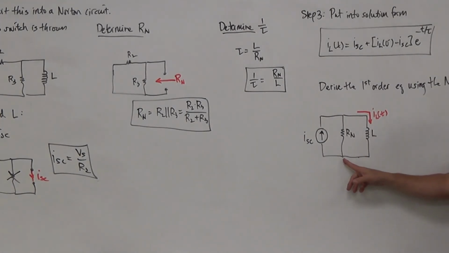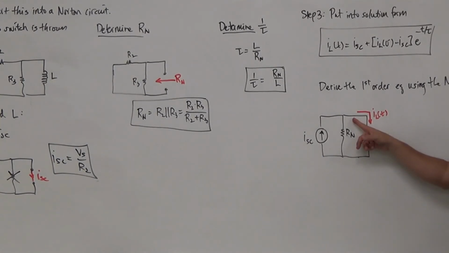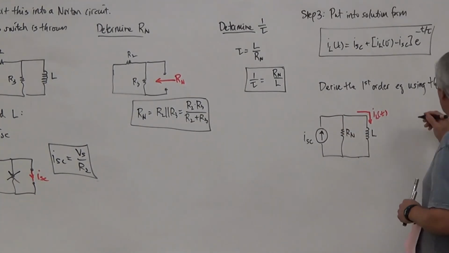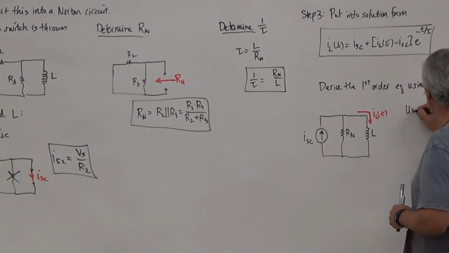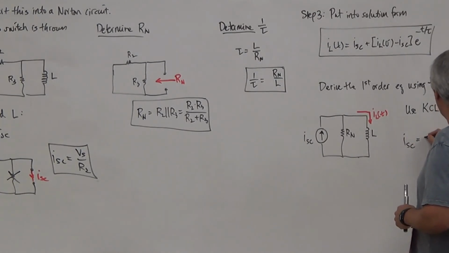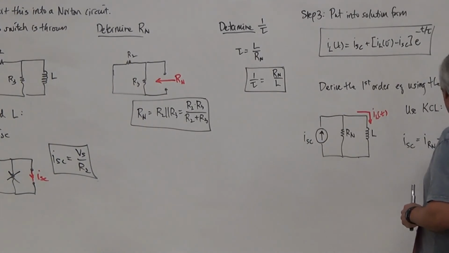We could say that the bottom node is a ground, and then this is the only unknown node. And that node must be the voltage across the inductor, which must be the voltage across this resistor, which must be the voltage across this source. Since there's only one node to consider, I'm going to use KCL. So it must be the current across the resistor plus the current across the inductor.